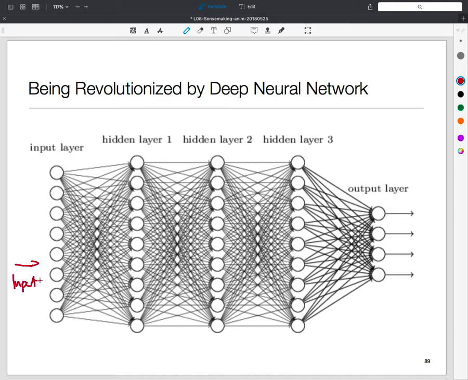So the job of model learning becomes learning the weights on each one of these edges. And usually there is also a bias term, a constant term, for each neuron, and that you also need to learn. So the model parameters in this case are the weights plus biases.